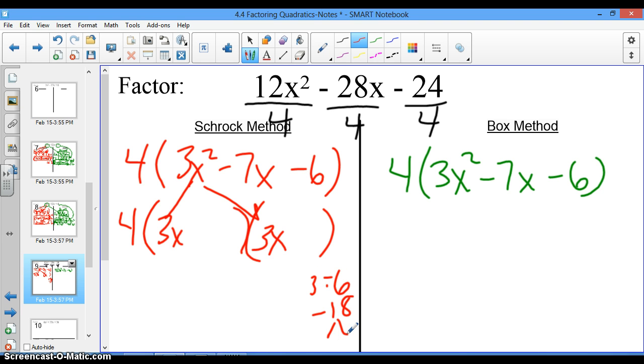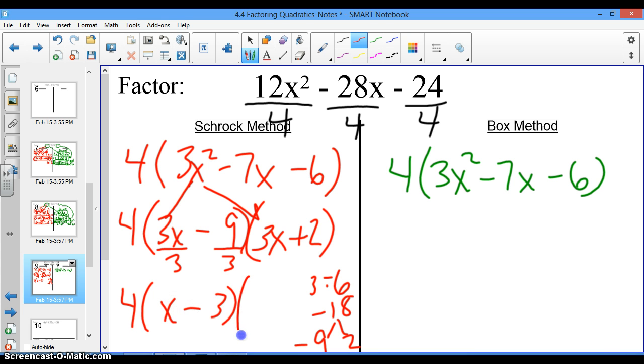Two numbers that multiply to negative 18 but add up to negative 7 are negative 9 and positive 2. The only parenthesis factor here that can be simplified is the first one for me, and they're both divisible by 3. So 3x divided by 3 is x, and 9 divided by 3 is 3.